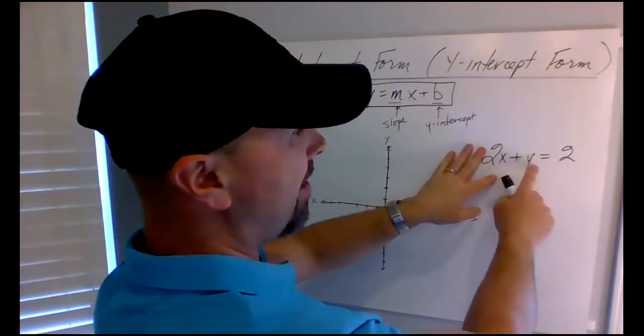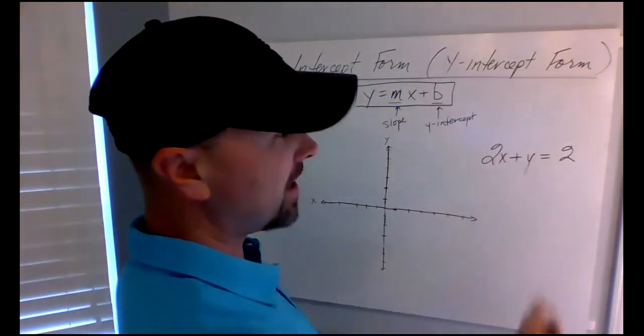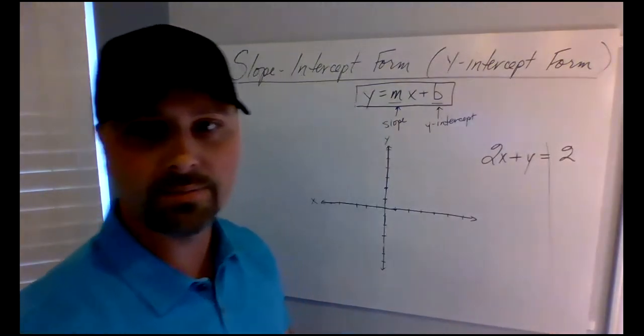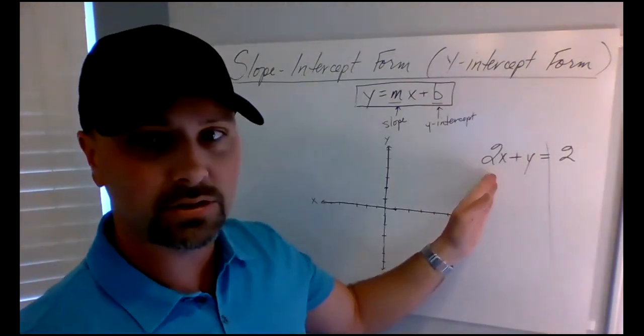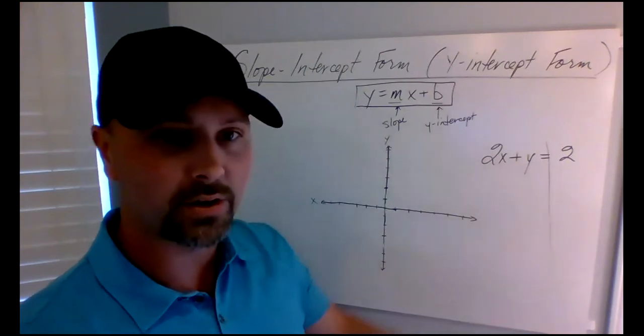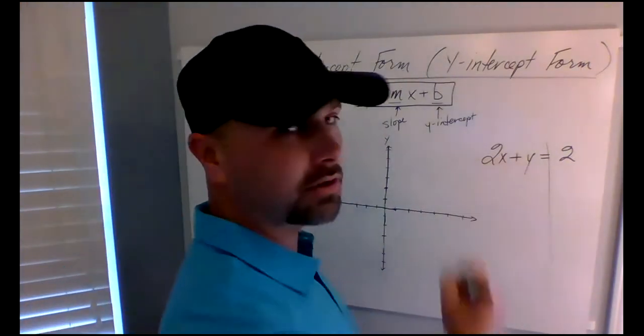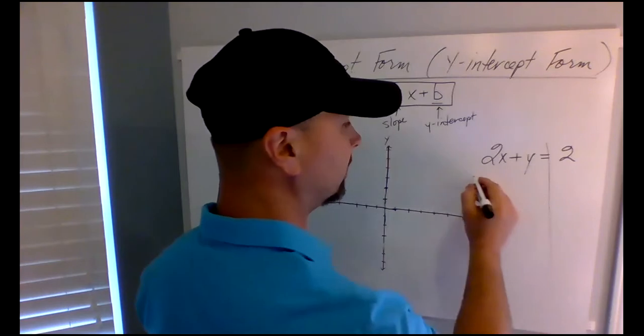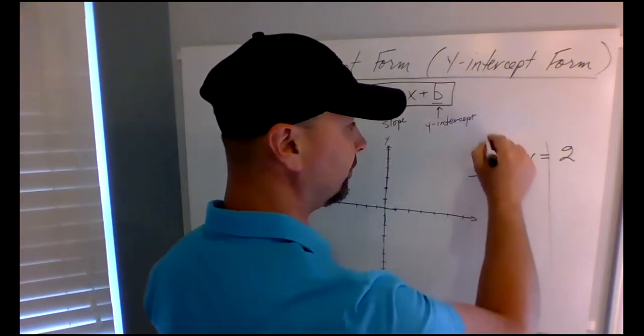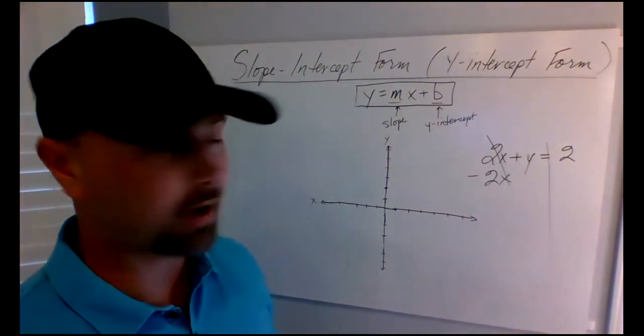Right now, we have 2x on the same side as the y. So we're going to eliminate the 2x to get y alone. How do you get rid of 2x? You subtract 2x.